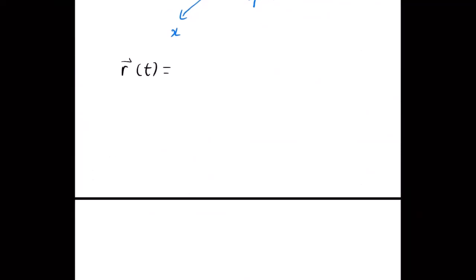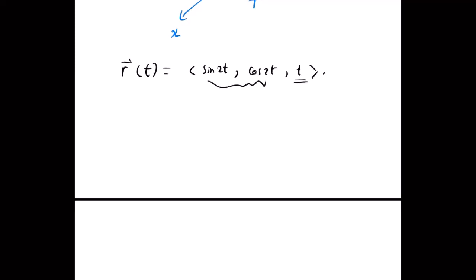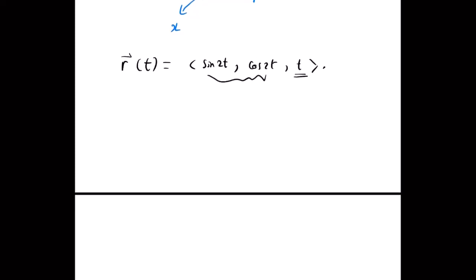R of t is sine 2t, cosine 2t, and t. If this is 0 or constant, this will be a circle. Yes, I get that it's going to be a circular helix, but I don't get how to put the points on the graph.